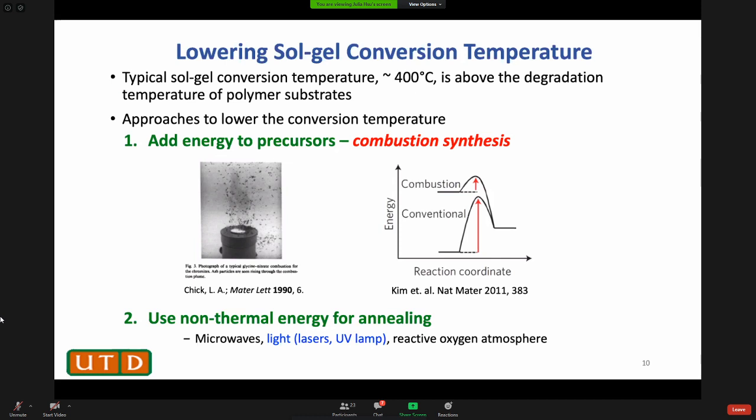We've done AFM, and AFM doesn't see much. I don't think there's much difference in XPS.